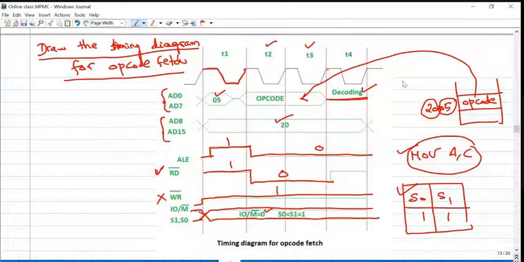So in this way, we have to draw the timing diagram, explaining the steps involved in fetching the opcode from the memory by the microprocessor. The conclusion here, please remember: the processor needs totally 4 T states for opcode fetch.